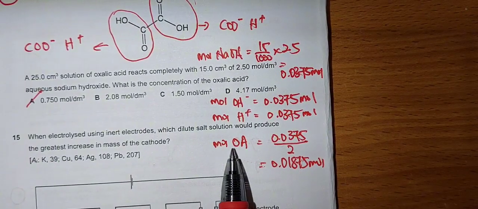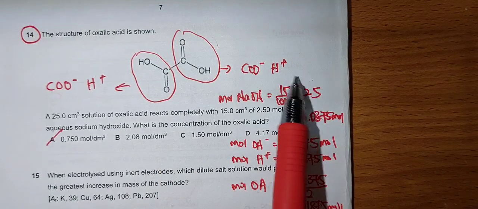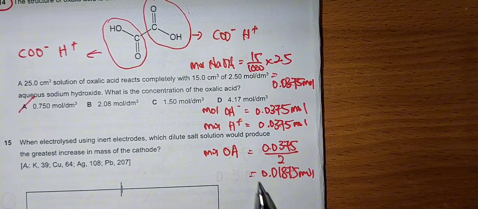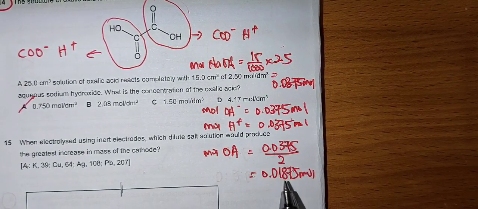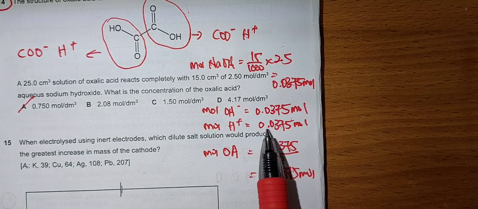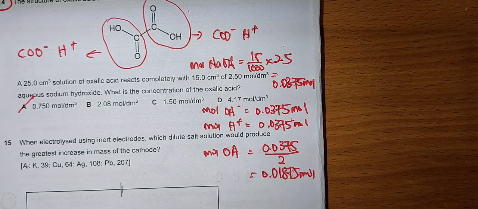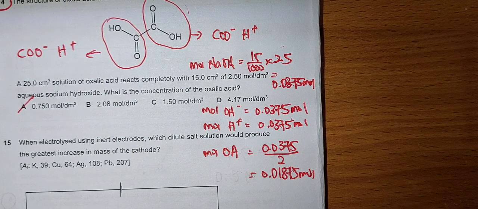Every 1 mole of oxalic acid produces 2 mole, 2 times 0.01875, which is 0.0375 mole of hydrogen ion.